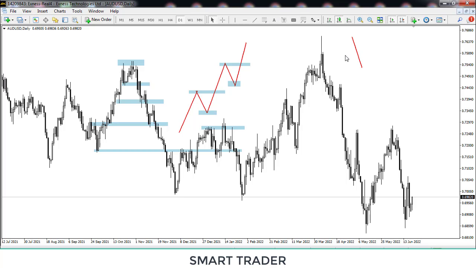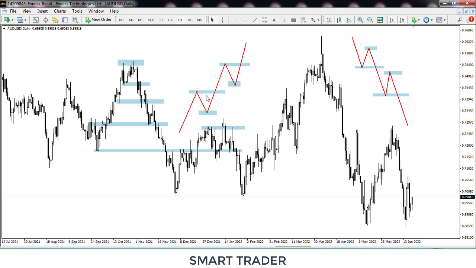When the market is in the downtrend, it makes lower highs and lower lows. The high probability trade is to sell at resistance and sell when price breaks below the support levels.